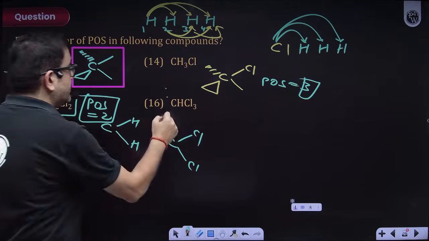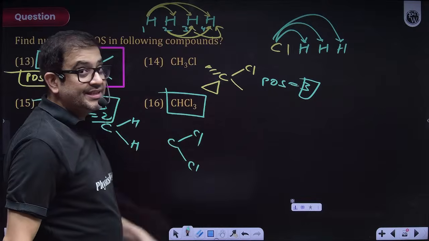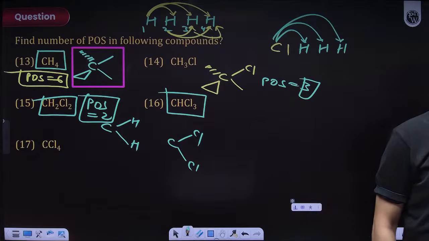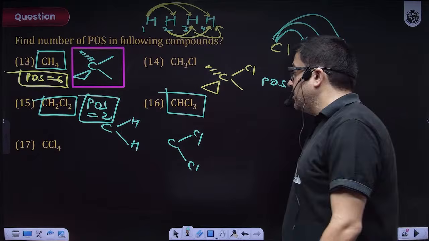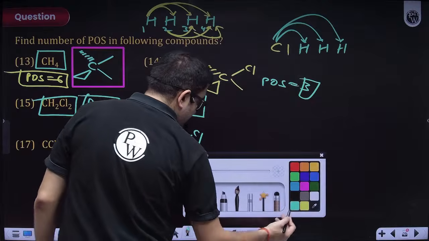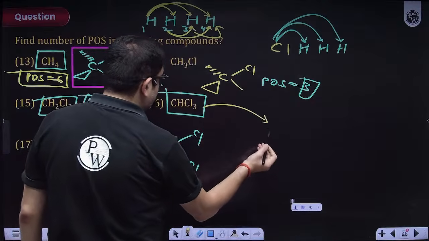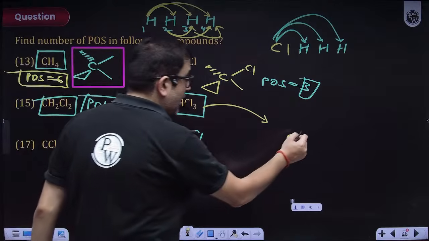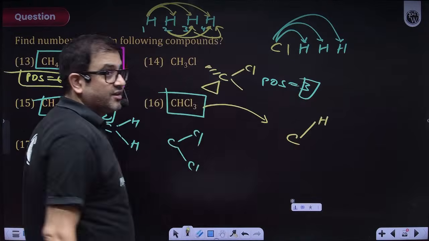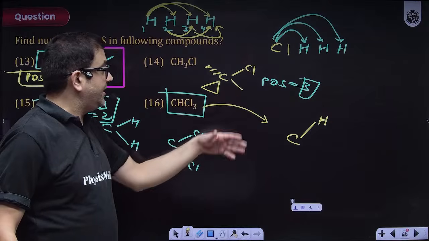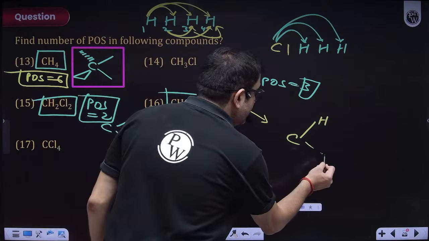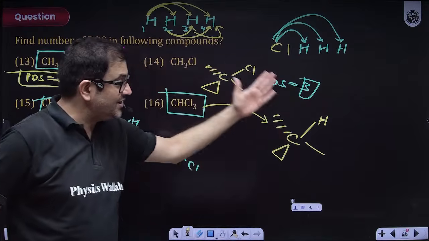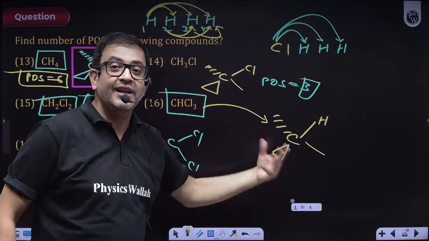Now, what about this one? CHCl3. For CHCl3 also, ultimately H is the only one making the difference. So you pick a plane where H is fixed. Then you can have whatever in the other three, because if H is gone, then you will definitely have ClCl.